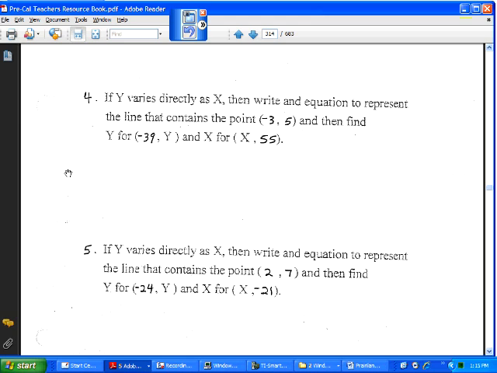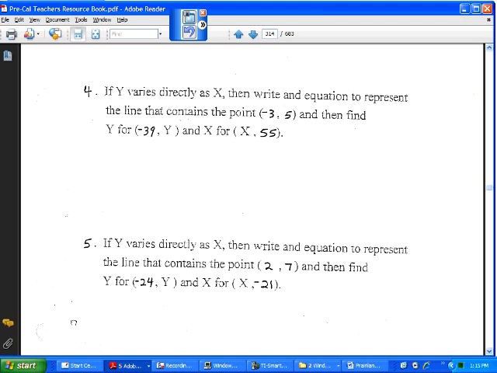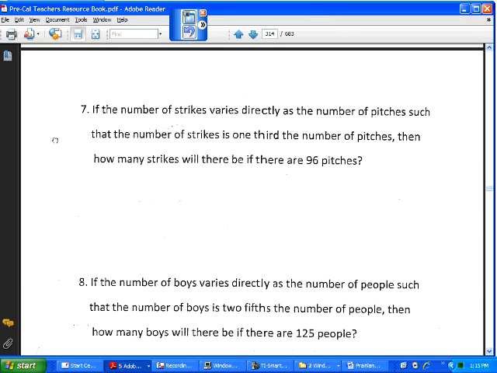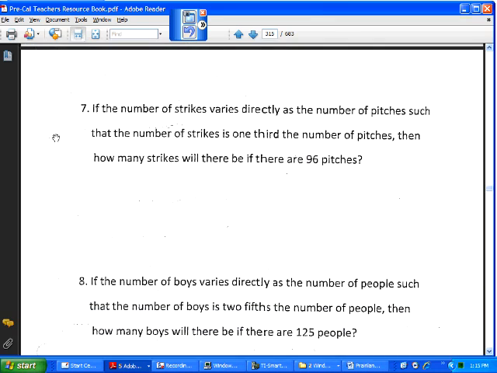Number 5, if y varies directly as x, write an equation to represent the line that contains, and find, and there's another one like it. And number 6, I thought they were about to change. They didn't change any, did they? All right. We'll let you do the rest of those. We'll spare you the rest. We pretty well have that down, right? So we'll move to number 7. You can finish those on your own.